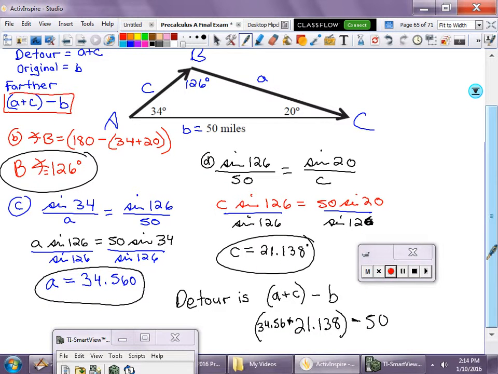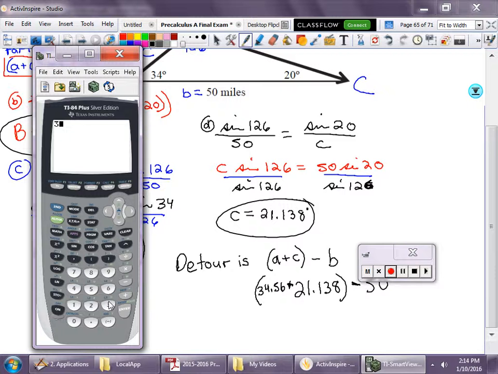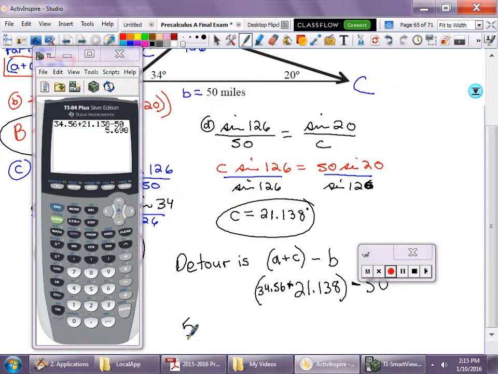All right, detour is 5.698, and I guess this is miles longer.